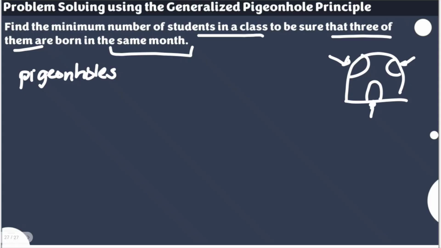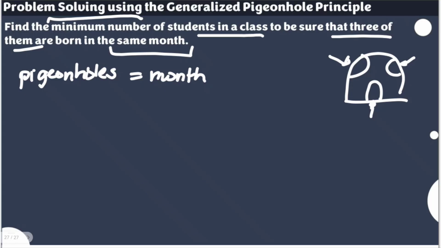In this case, our pigeonholes are the months in a year, because we are looking at the minimum number of students in a class such that the birthdays of at least 3 of them will fall on the same month.